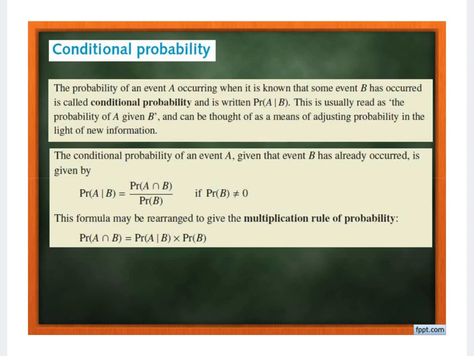The conditional probability of event A given that event B has already occurred is P(A given B) equals P(A intersect B) over P(B), where P(B) is not equal to 0. This formula may be arranged to give the multiplication rule: P(A intersect B) equals P(A given B) multiplied by P(B).